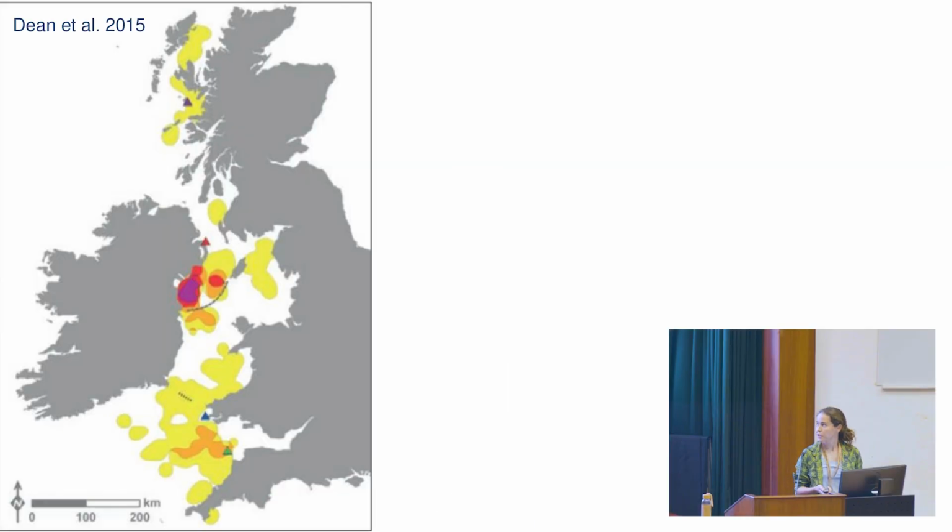And in Manx shearwaters, we know that they're very reliant on the Irish Sea front, so you can see that as the green dotted line that comes below the Isle of Man. And this paper from 2015 showed that this area is really important for all 4 shearwater colonies that we were tracking at.